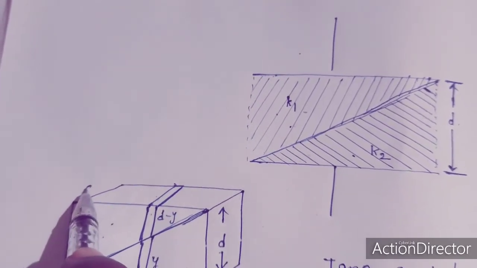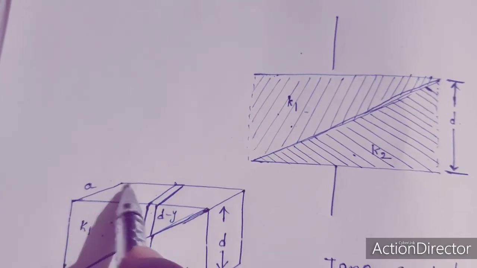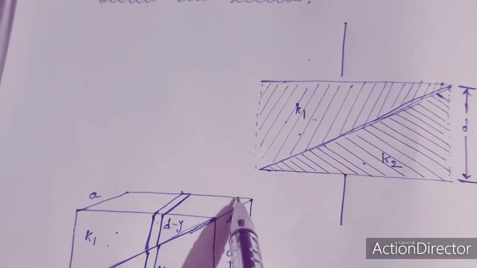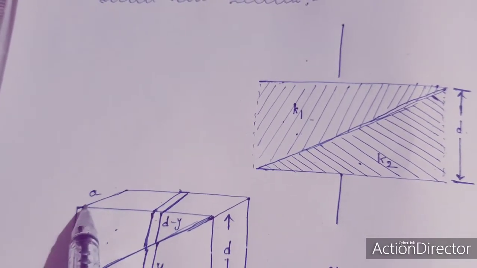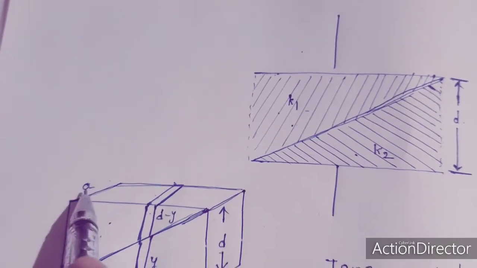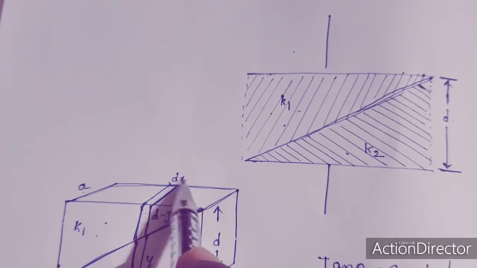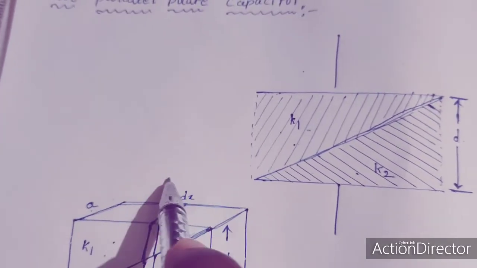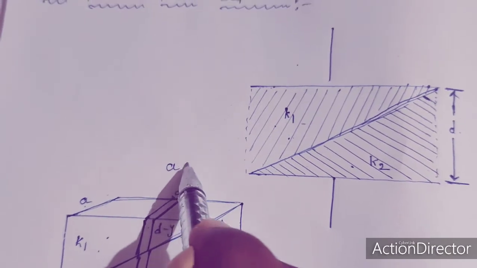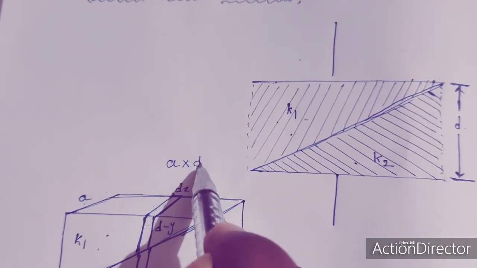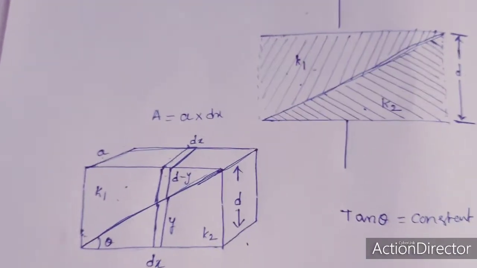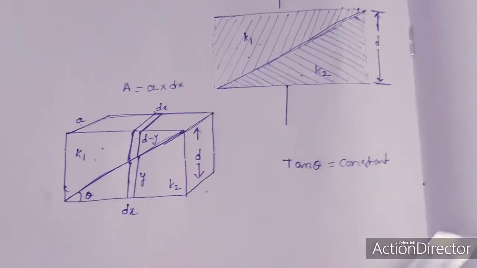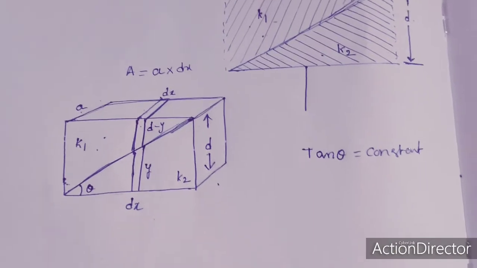One side of this dielectric plate is A, and the other is dx. What is the area of this dielectric plate? Area of this dielectric plate is A into dx. Understood? These two pieces of information are very important for us.